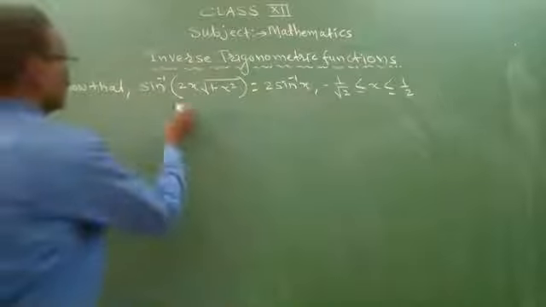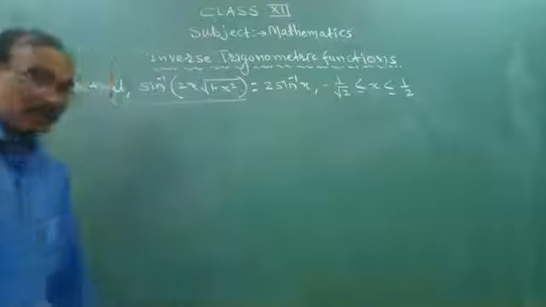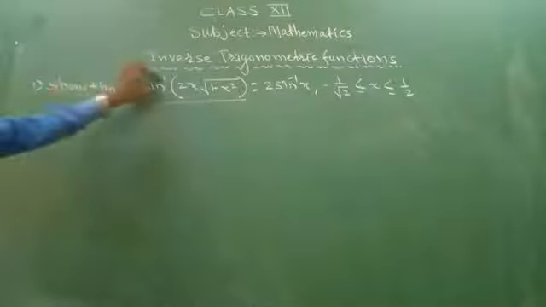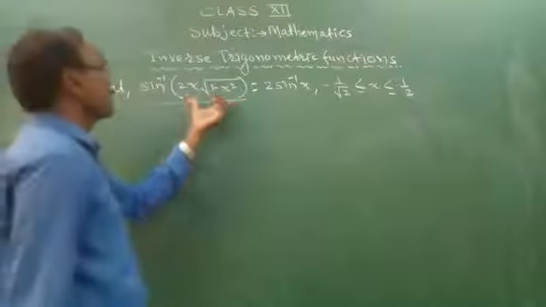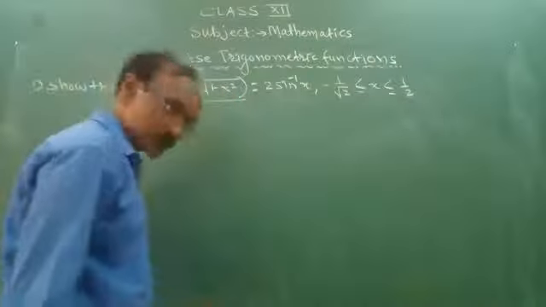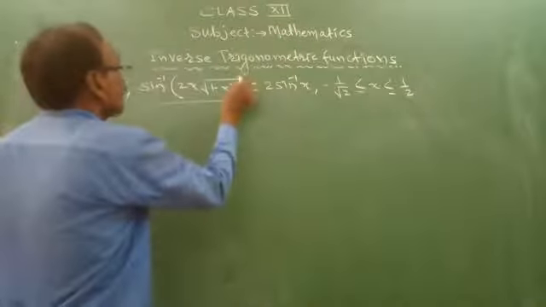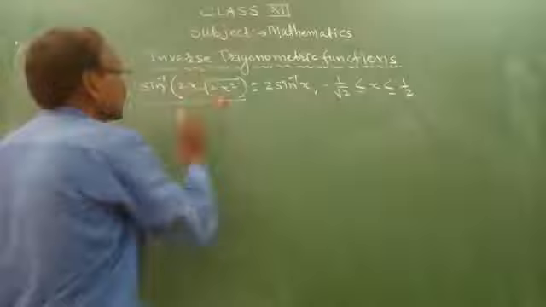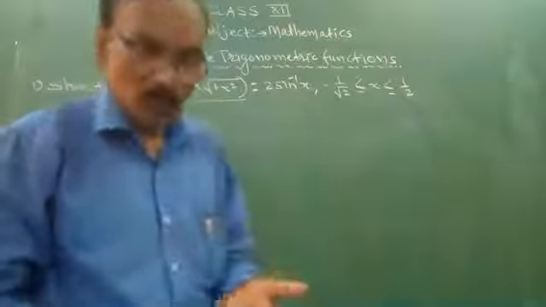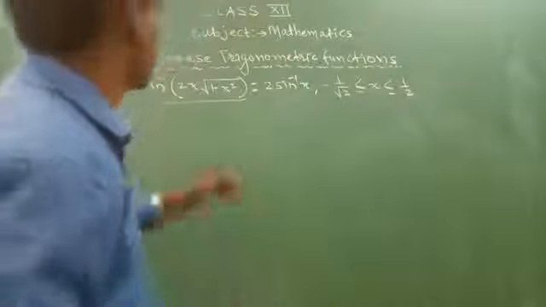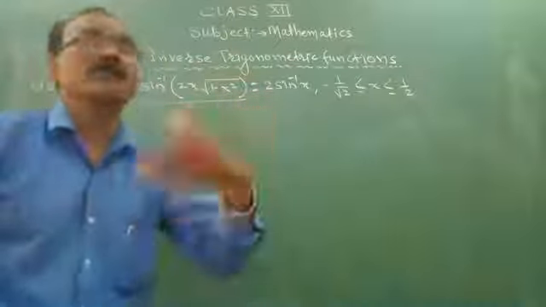See here, let us start from the left hand side. It is sine inverse of the bracket 2x under root 1 minus x square. So you have to try to convert this bracket in terms of sine. What should I substitute so that this bracket converts in terms of sine?